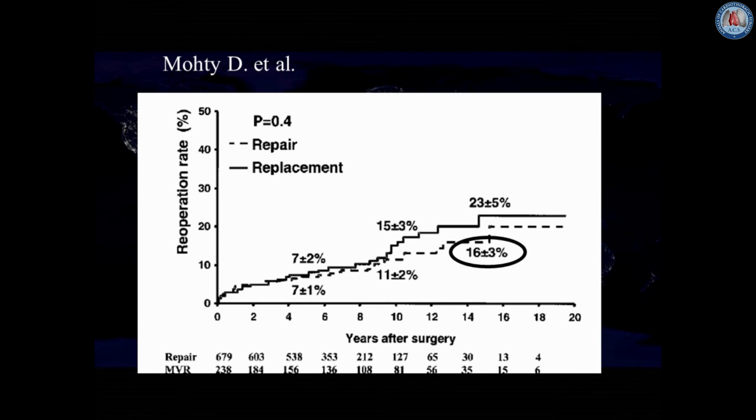This graphic shows the probability of reoperation, and the dotted lines are the repair. We encircle the outcome at 15 years. The reoperation at 15 years in the entire cohort was 16%.